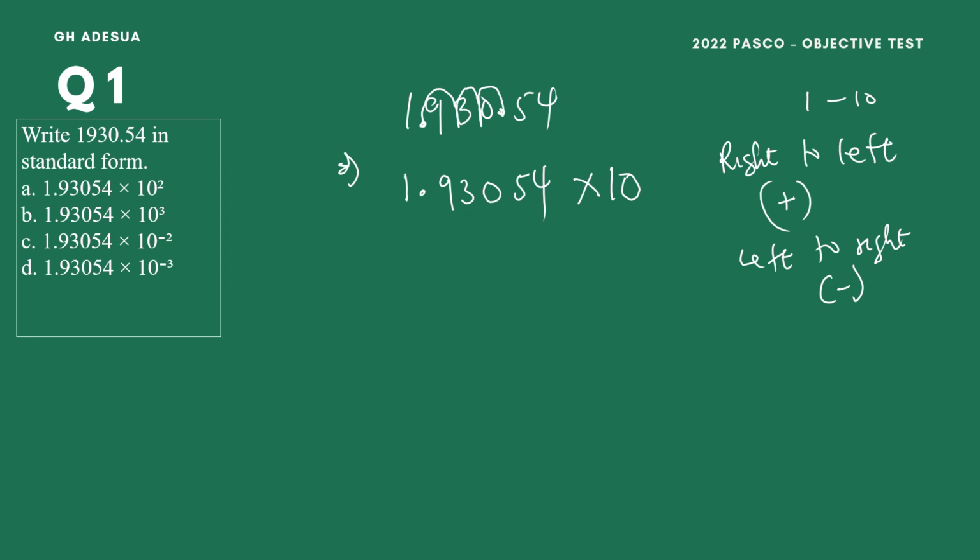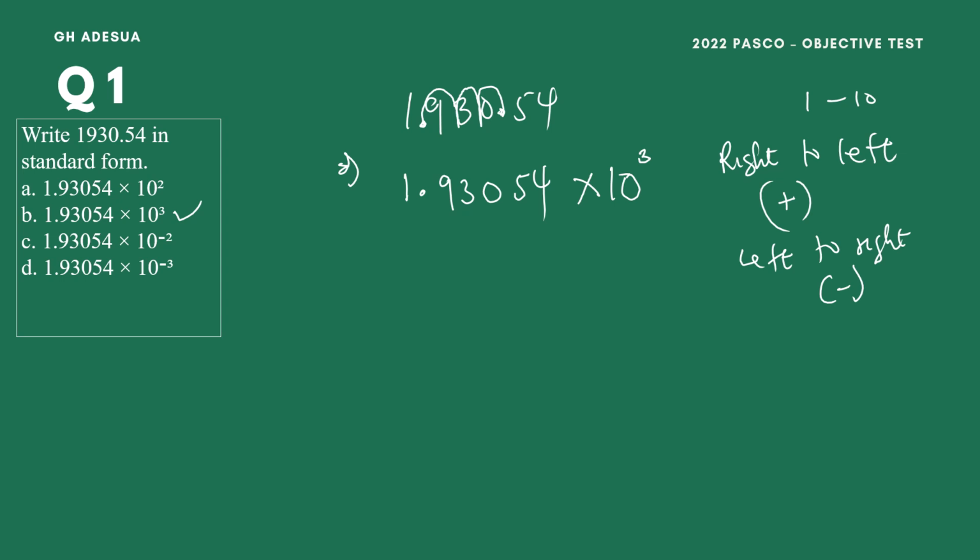So it means we are having 1.93054 times 10 raised to the power 3 as our answer. So when you look through the options, we have that as B. Kindly go through it again and solve with me as I solve.